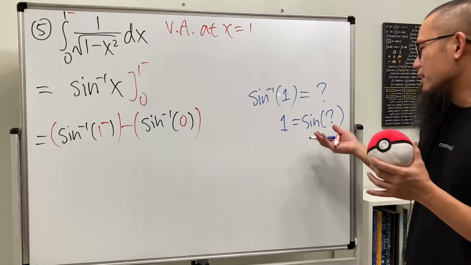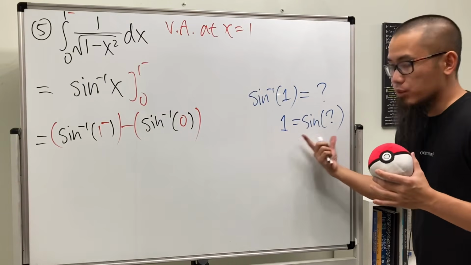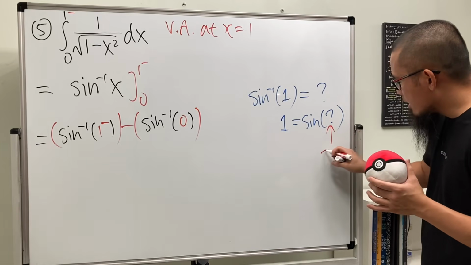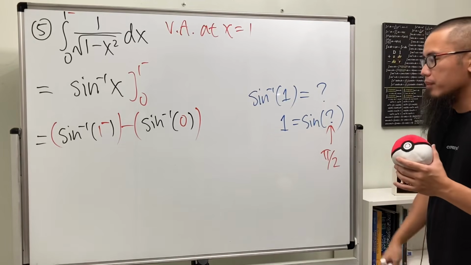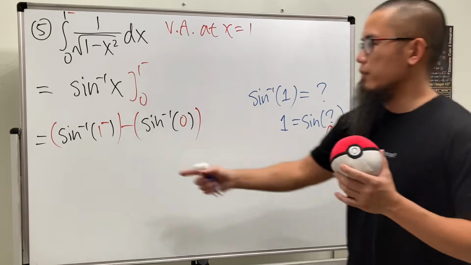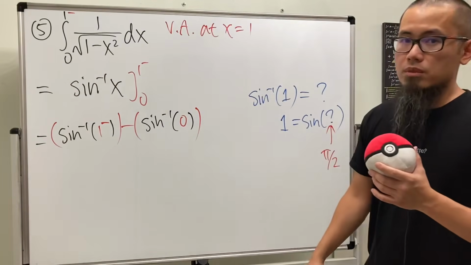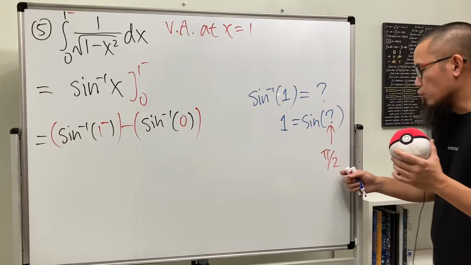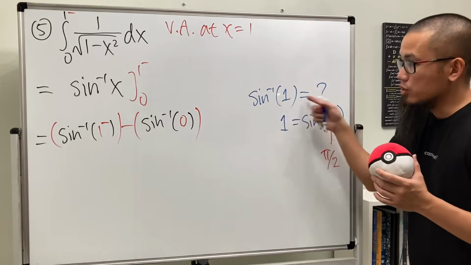And in fact, there are infinitely many solutions to this, but you're going to pick the first one, and that is pi over 2. Sine of pi over 2 gives you 1. That's because the range of the inverse sine function goes from negative pi over 2 to positive pi over 2. So this will be the only solution to the original.